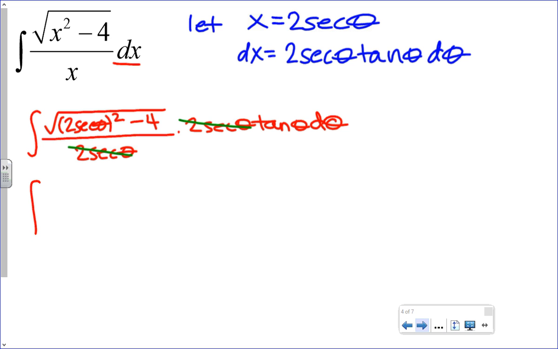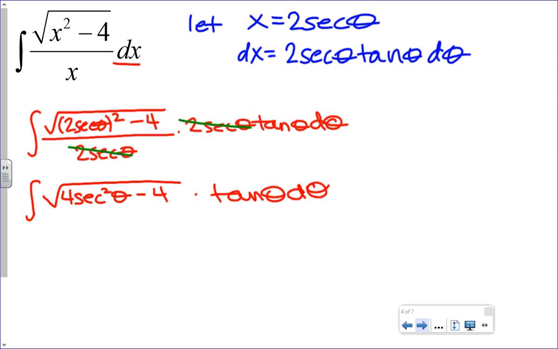Let's talk about what's underneath the radical. Underneath the radical, we have 4 secant squared theta minus 4. Oh, we no longer have a numerator, my apologies. Times tangent theta. What can we do underneath the radical? We can factor out a 4.